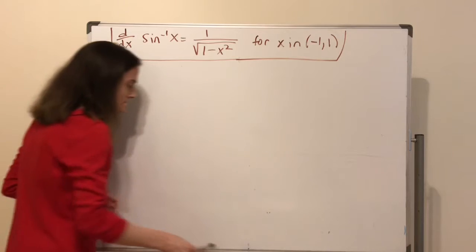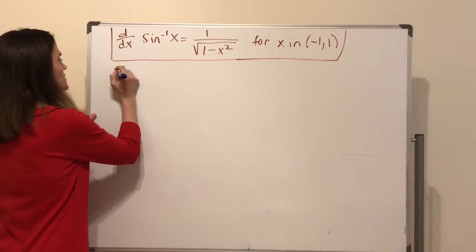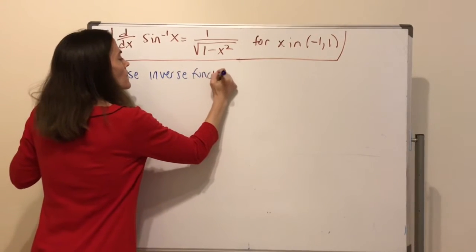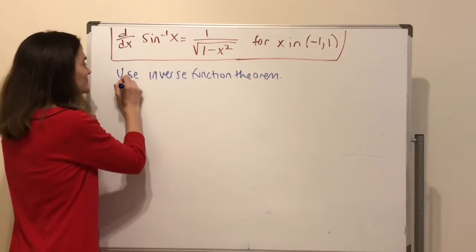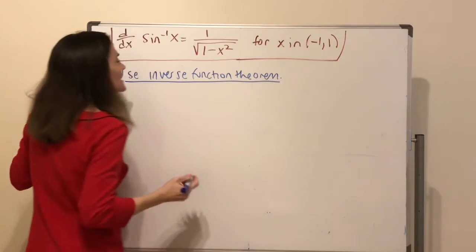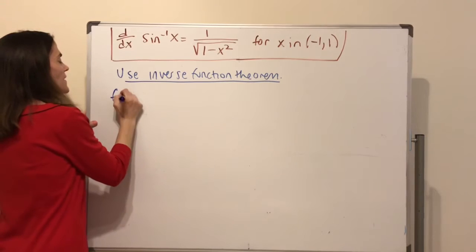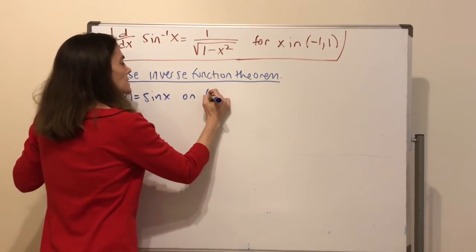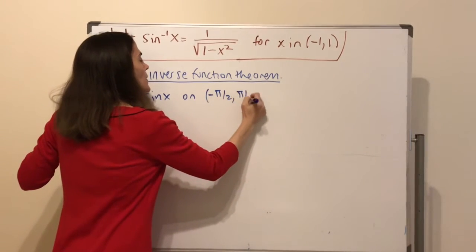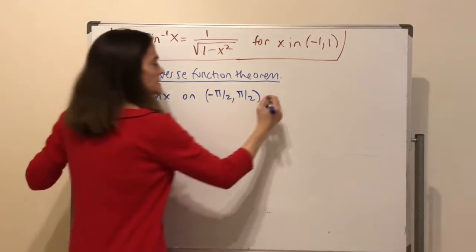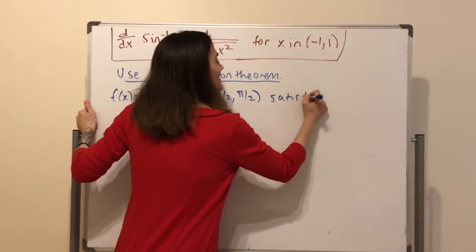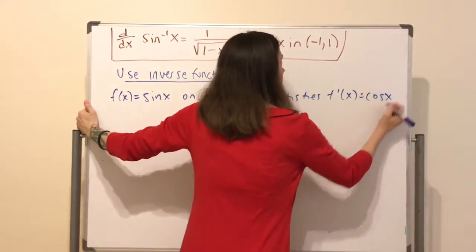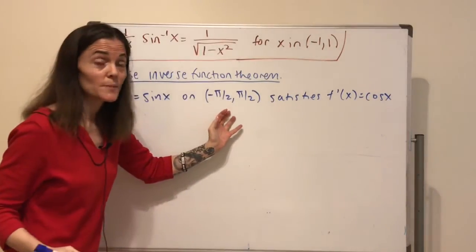Now, how do we see this? We may use the inverse function theorem. Take f of x equals the sine of x on the open interval minus pi over 2 to pi over 2.